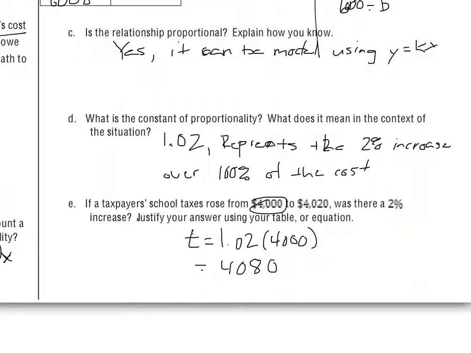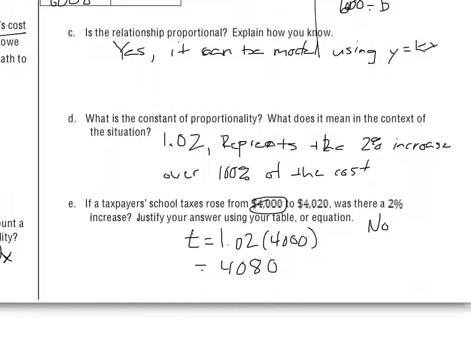So was there a 2% increase? No. And we can see that if there is a 2% increase, it would be more than that. So we can actually even identify whether the increase was more than or less than 2% without actually having to do any calculations. Determine on your own really quickly. Talk with your partner.